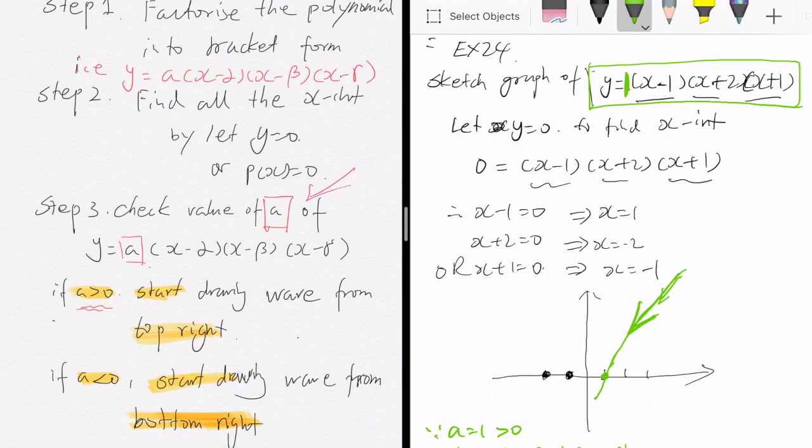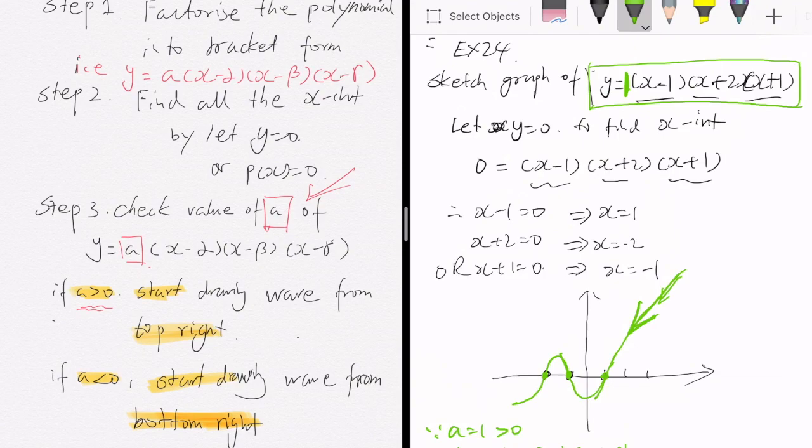Because here is my second point, I definitely need to come back and cross the second x-intercept, and the next intercept is over here. Since I crossed there, I have to do another turn to cross there. Roughly your graph looks like that.